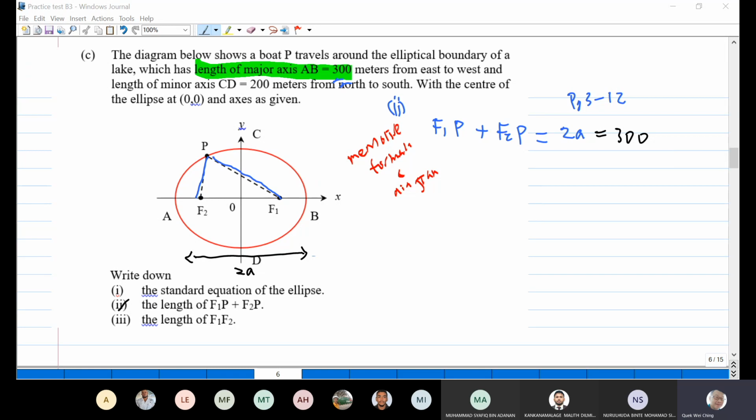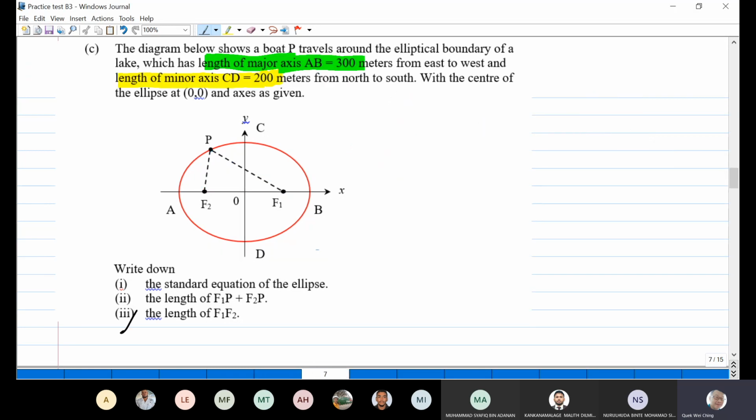Okay, then move on to part 3 now. The length of F1F2, part 3. I want to find the length of F1F2 here. In this case, we need something called the distance from the center to focus.